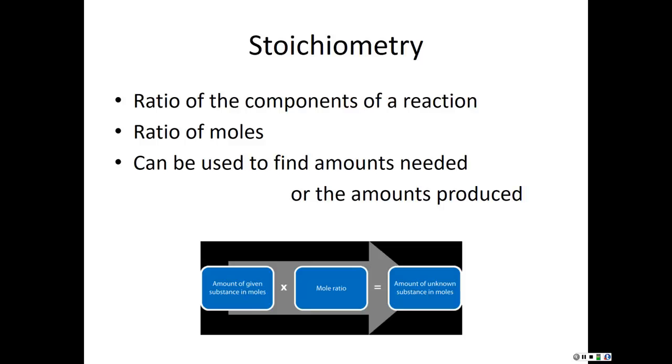Okay, so now once you've got a balanced equation, you can start converting between moles. So that's where stoichiometry comes in. Anytime you want to change from one species to another, you're going to do that through mole relations. And that's going to be stoichiometry.